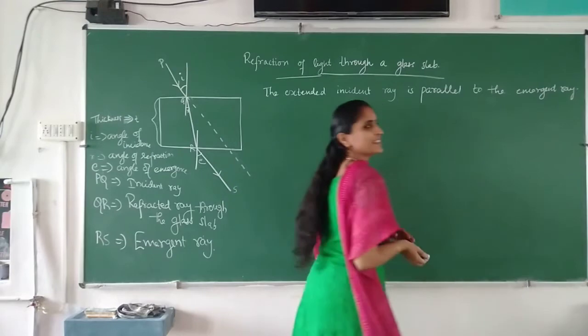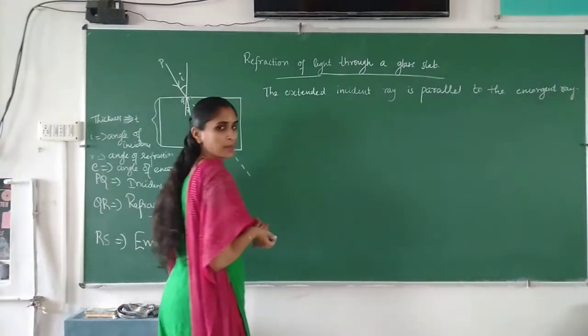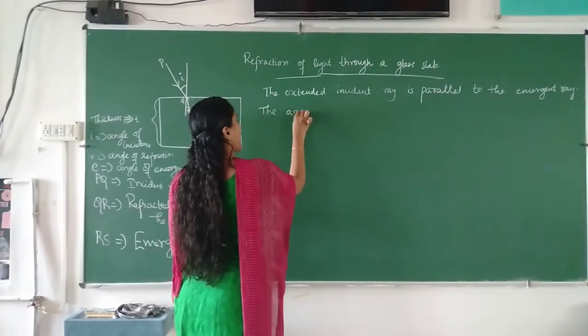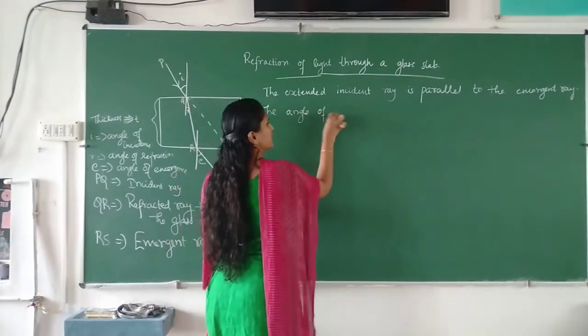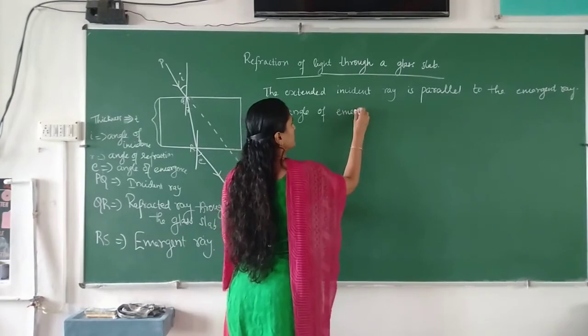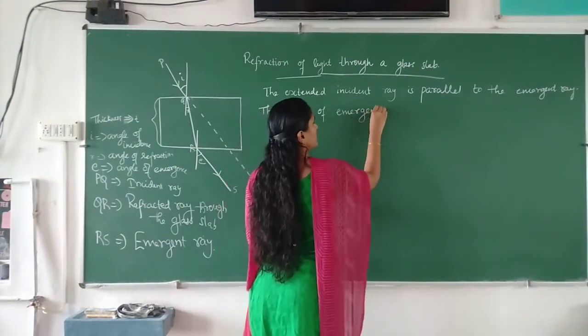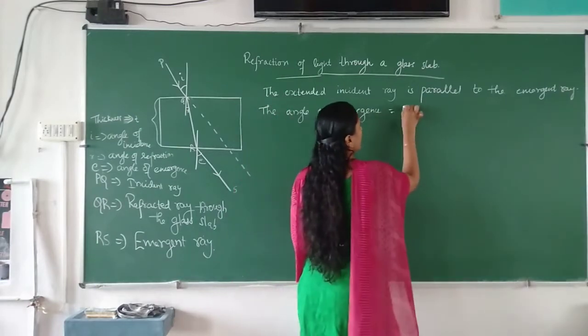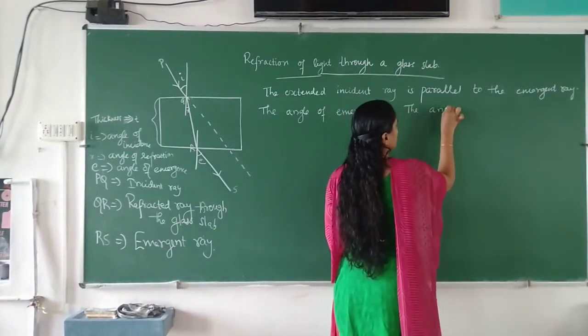The extended incident ray is parallel to the emergent ray, and in other words we can write the angle of emergence is equal to the angle of incidence.